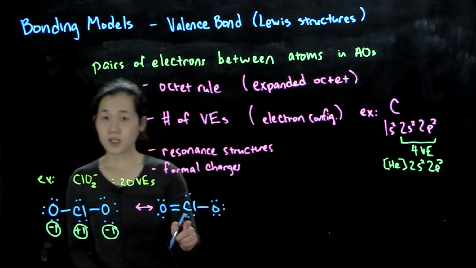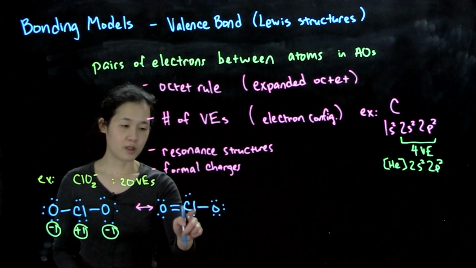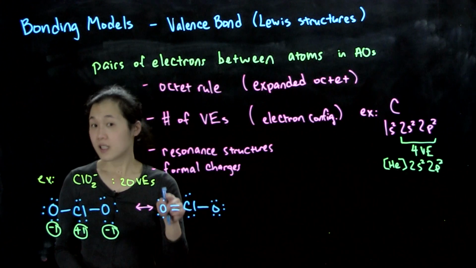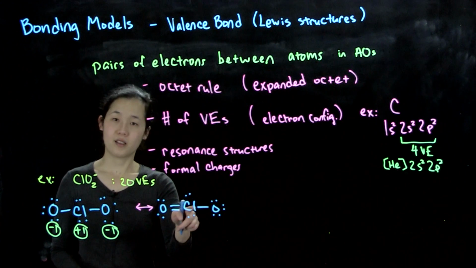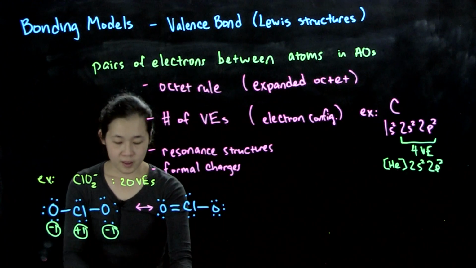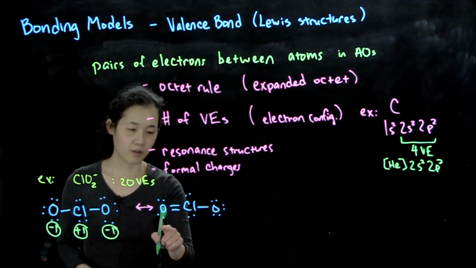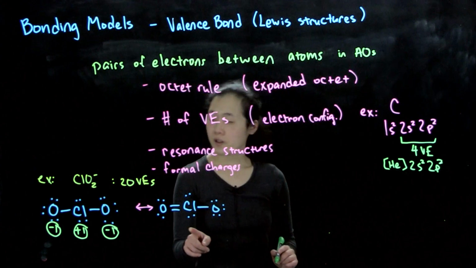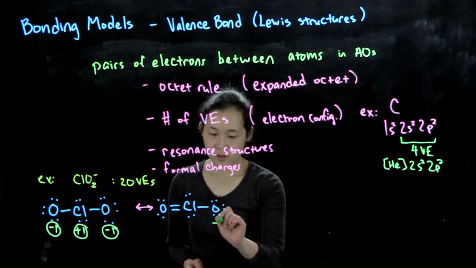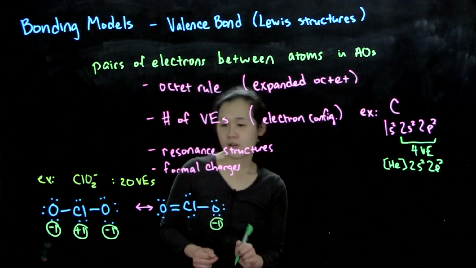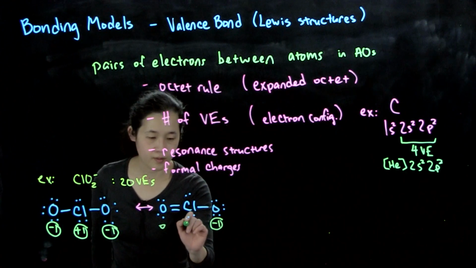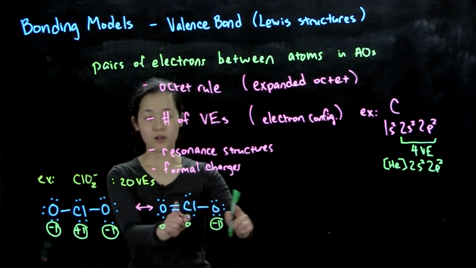So in this case, chlorine has expanded the octet because it has 1, 2, 3, 4, 5, 6, 7, 8, 10 electrons around it. And if we look at the formal charges in this structure, this will now be 0 formal charge. This will also be 0, but this will still be minus 1. And then there's the other resonance structure that I'm not going to draw, where the double bond moves to the other side.